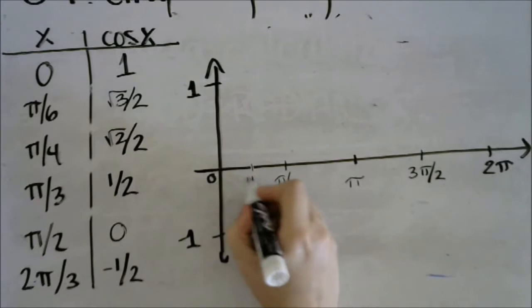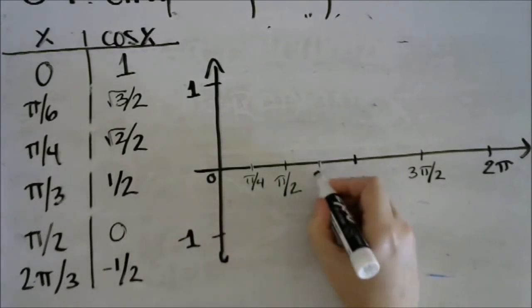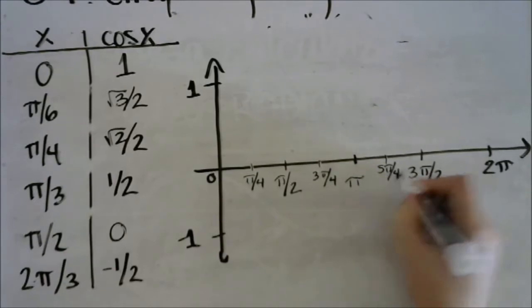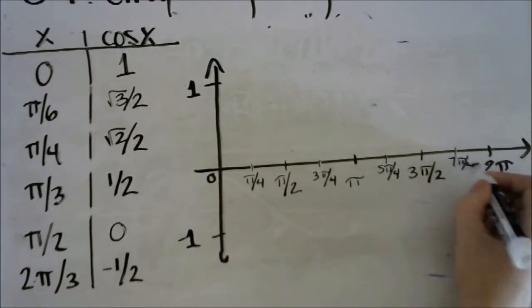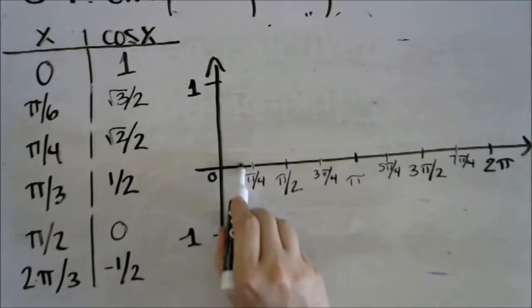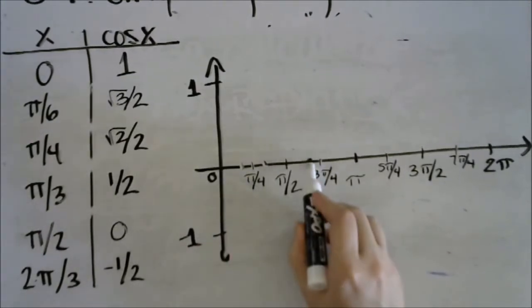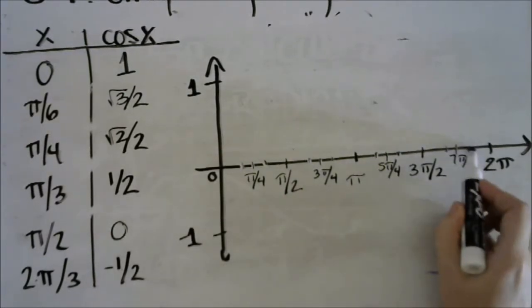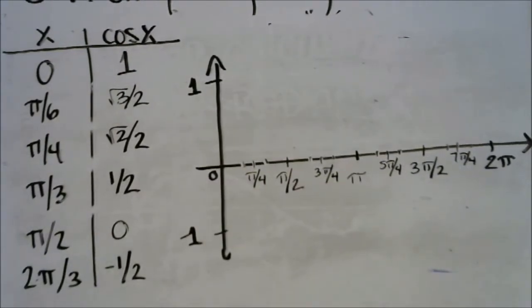Right here we have pi fourths, 3 pi fourths, 5 pi fourths, and 7 pi fourths. Now 30 degrees, or pi 6, is closer to pi fourths, and so I like to put these tick marks here to accurately graph my angles.